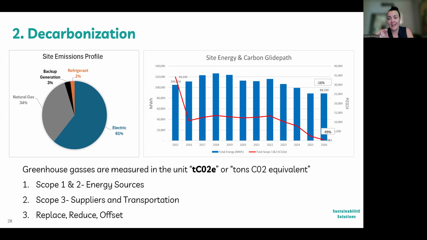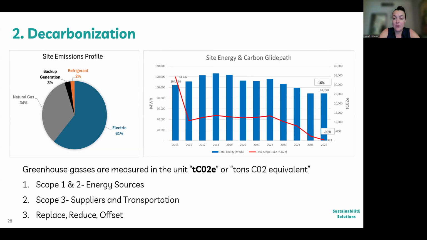And so you can see that even though the site had grown, we actually ended up on track to achieve a 16% reduction in total energy use from 2026 compared to the 2015 baseline. So that was really exciting.